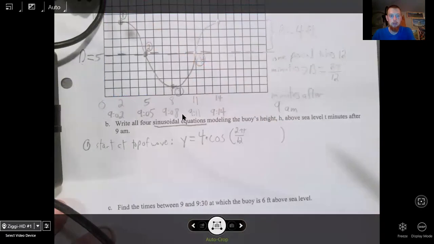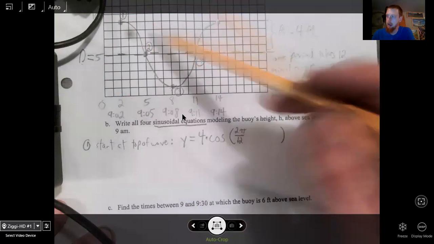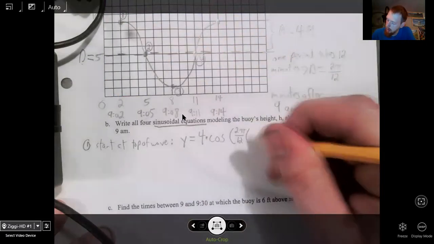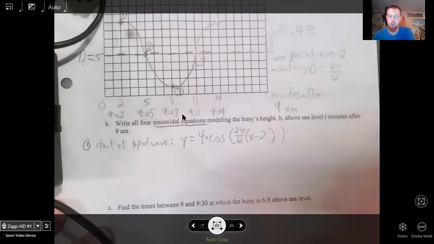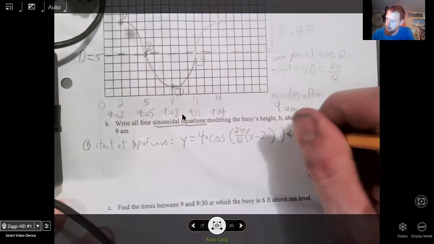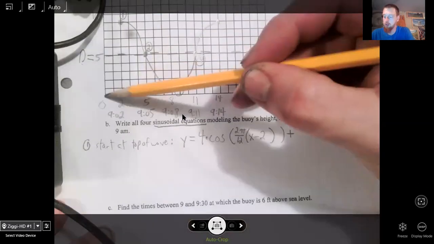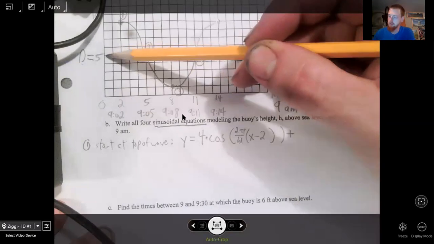That's the point 2 for x and 9 for y. So we want to do x minus 2. We need to shift that function 2 units to the right. And then we need to shift our whole function up 5 more units to get to this line of symmetry.